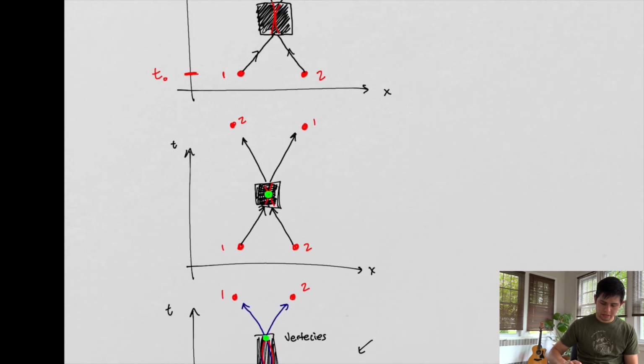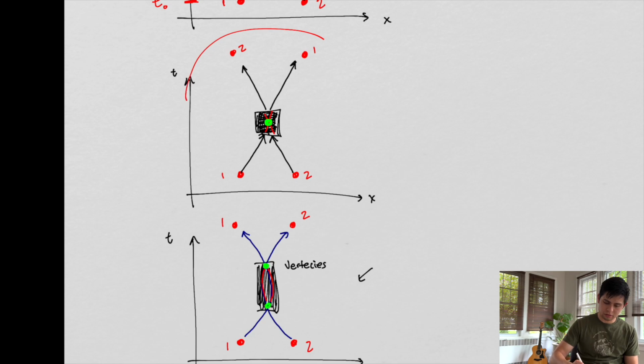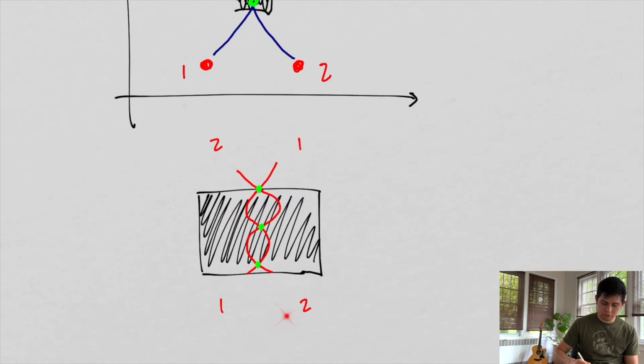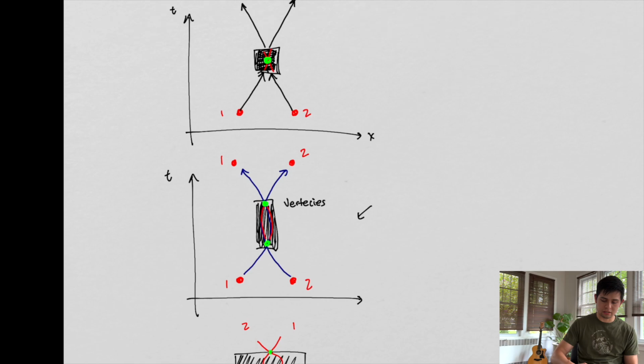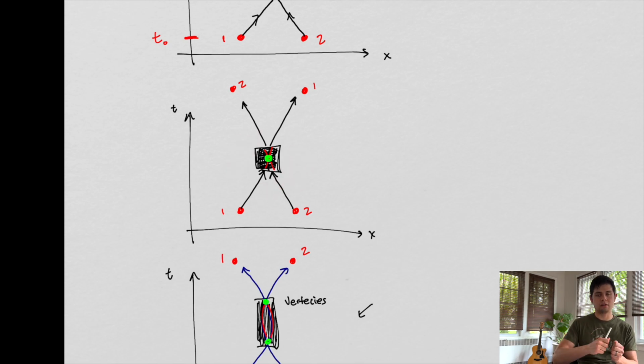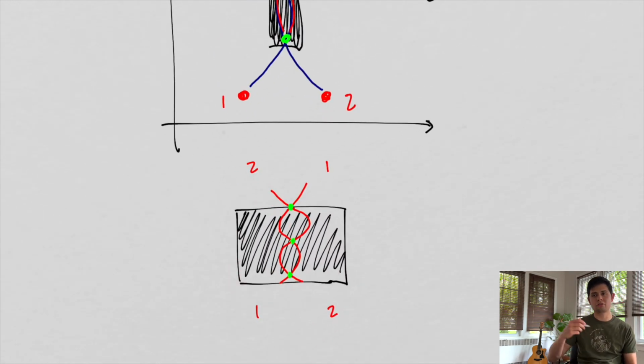So that would be a third order approximation to something that would resemble a process that looks more like this, where 2 is over here and 1's over here. There are different locations in space, because this is the x-axis. So this process here is a third order approximation to a process that resembles something like this. This is the first order approximation. So the first order approximation is going to have somewhat of a higher precedent, but we don't want to ignore third order approximations or fourth order approximations.